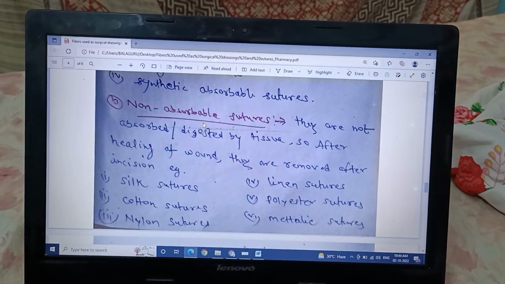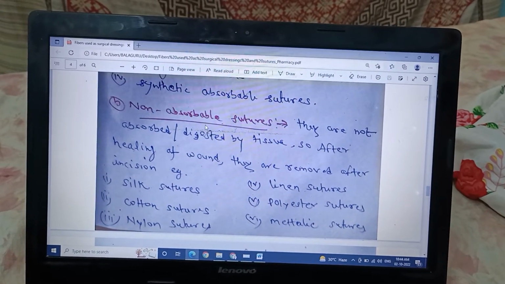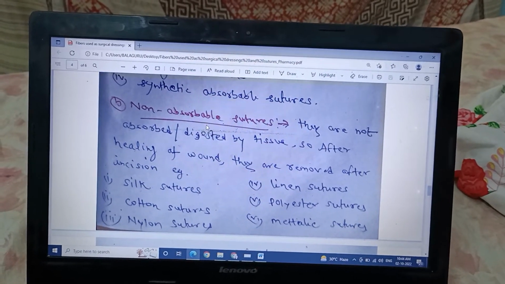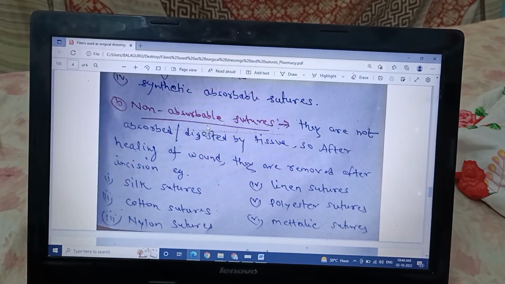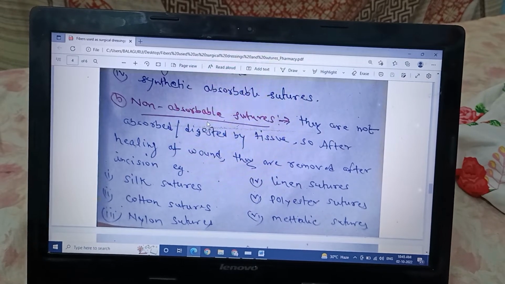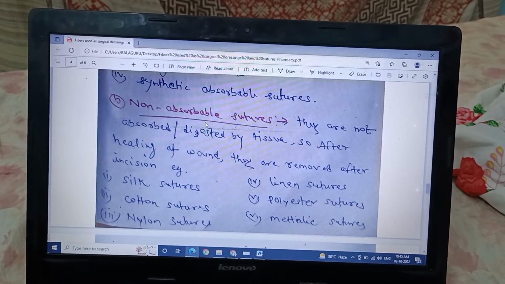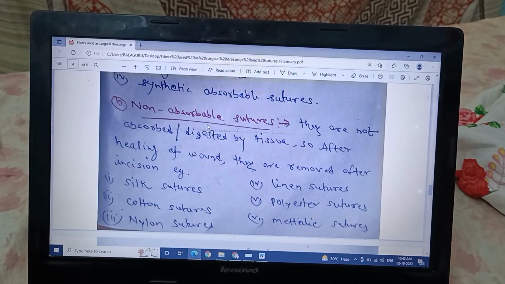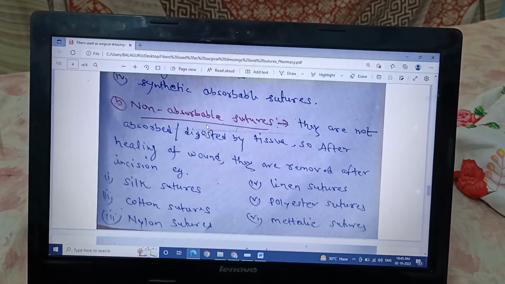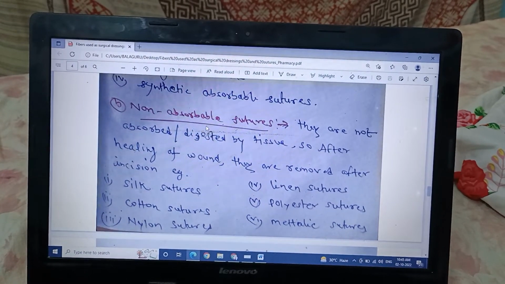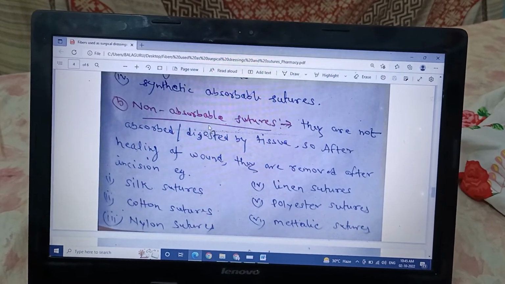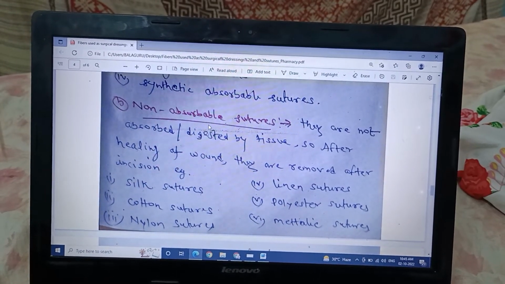That is the non-absorbable suture, which is not absorbed by the tissues, so we need to detach it from your tissues. But an absorbable suture heals on its own and is absorbed by the tissues, so we need not advise the person to come back and remove the suture.